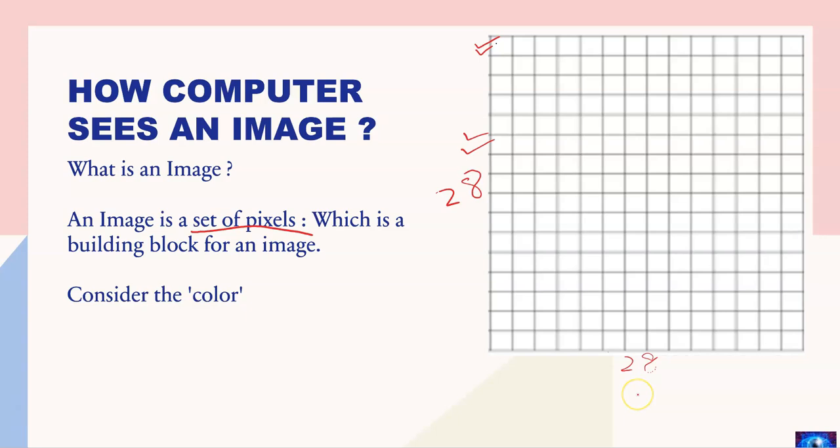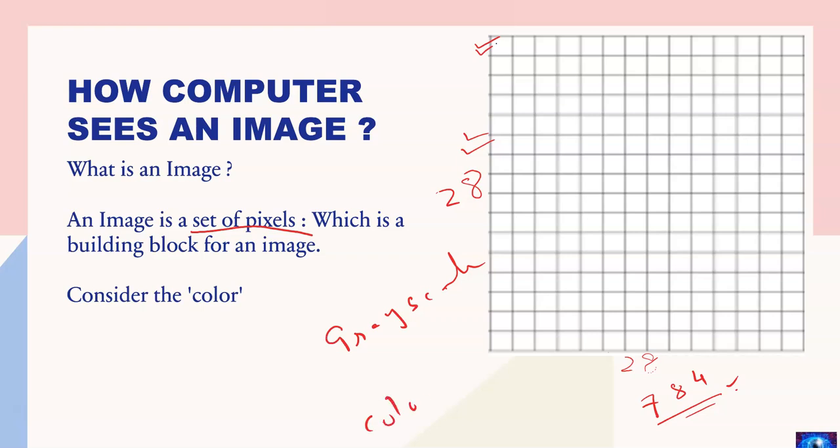In this case, if there are 28 as the height and 28 as the width, there will be 784 pixels in it. Now an image can be represented in two ways. One is the grayscale image and another is the color image.